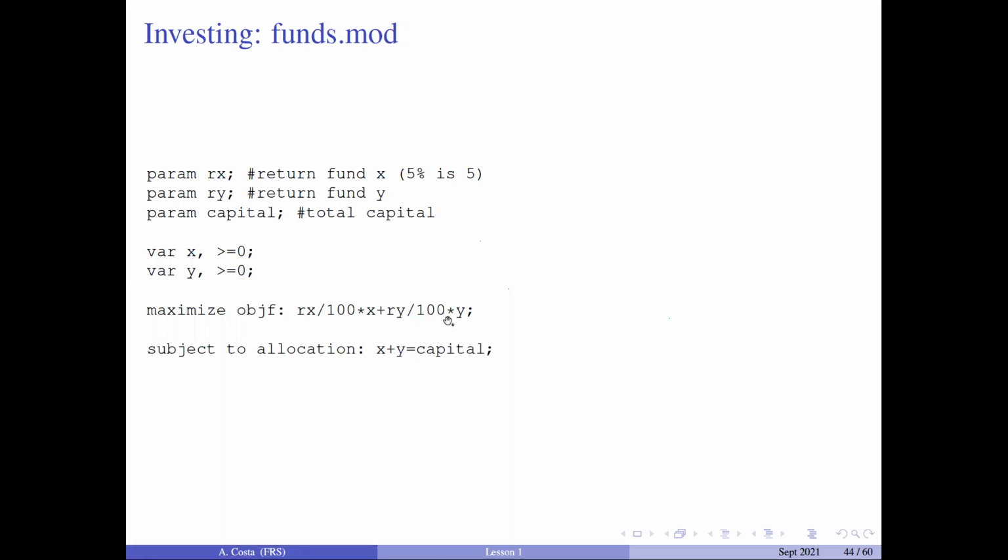So the total return of the portfolio is how much we put in fund X times the return of the fund X plus how much we put on the fund Y times the return of the fund Y. And remember, there is a constraint that is saying we have to use $50,000. So X plus Y is equal to the capital. Is it okay so far? So this is really the first step when we translate a problem into a model.